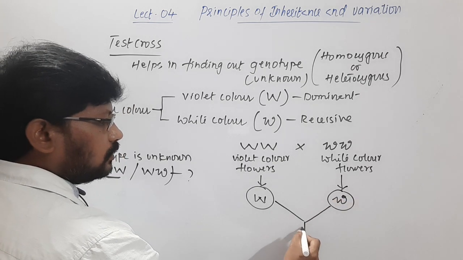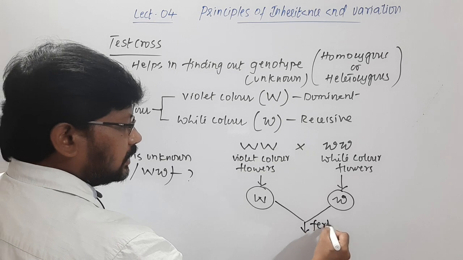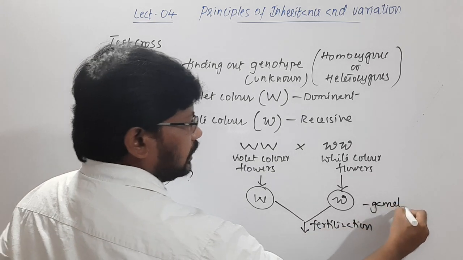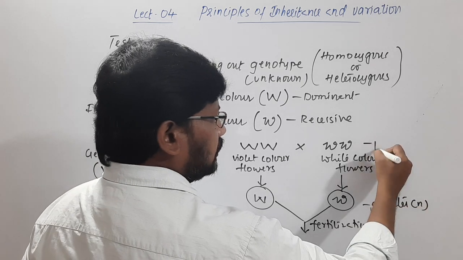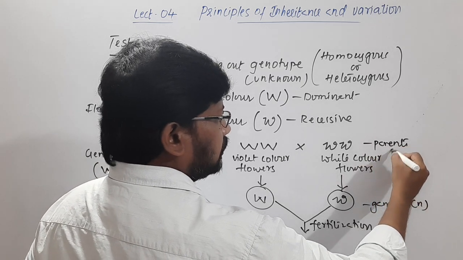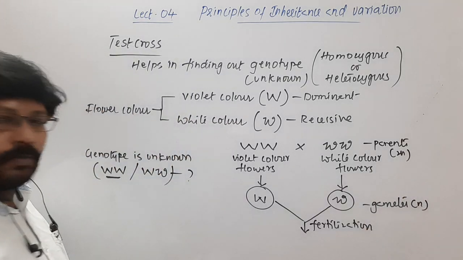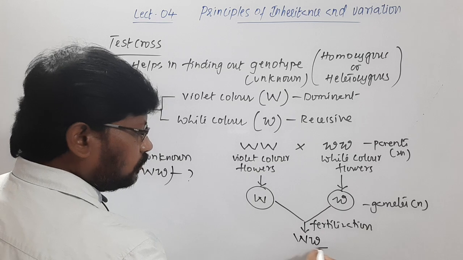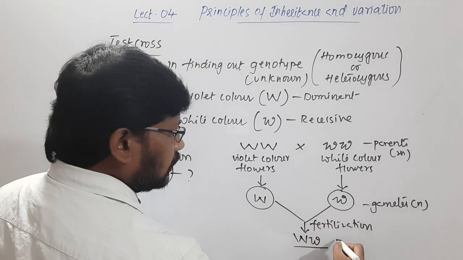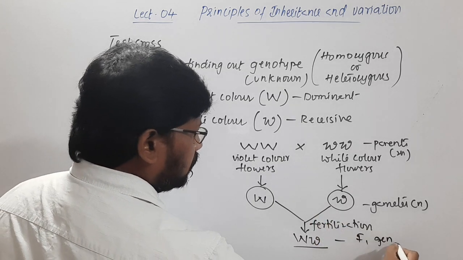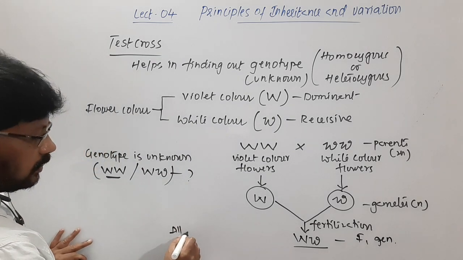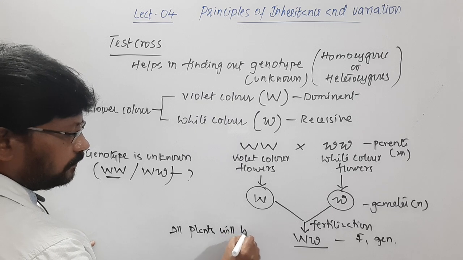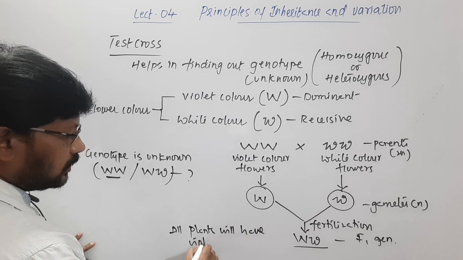Now, fertilization. Of course these are gametes, n, and these are parents, 2n. Now what I get is capital W, small w. So in the F1 generation, all plants will have violet flowers.